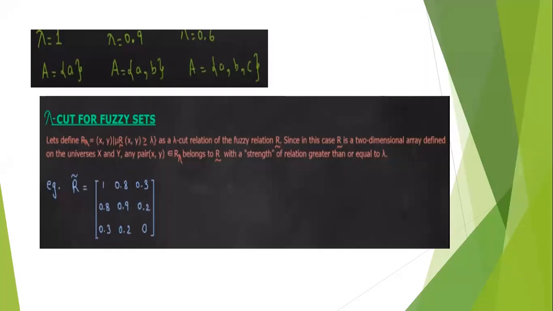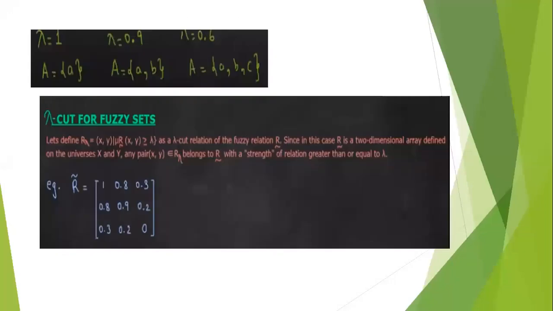Suppose R is given as a matrix with entries 1, 0.8, 0.3, 0.6, 0.8, 0.9, 0.2. Like this, you are given some relation. You want to express it when lambda is equal to 0.8. Your membership function value should be greater than or equal to 0.8.